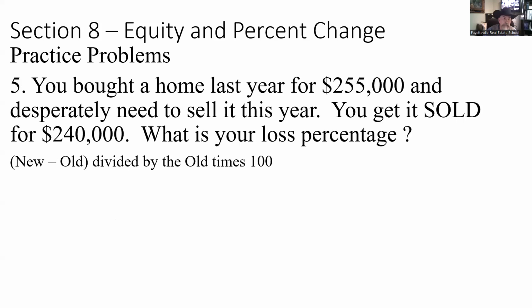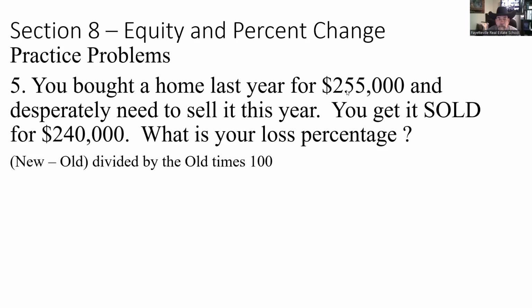Then if we jump down to number 5, here is a loss. Here is the formula that you need for profit and percent change, or profit percent and loss change. New minus the old divided by the old times 100. You have to remember that. You have to recognize it is an equity and percent change or profit and loss formula. You will have a problem like this on the test.